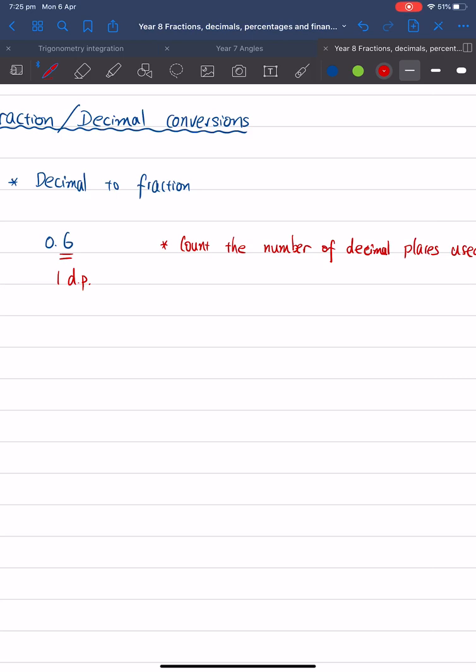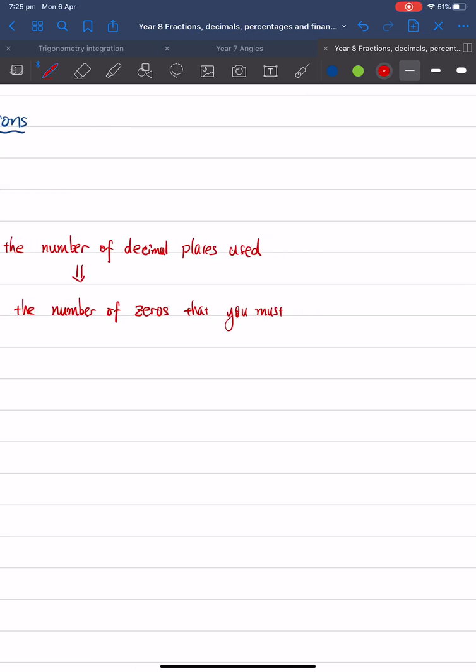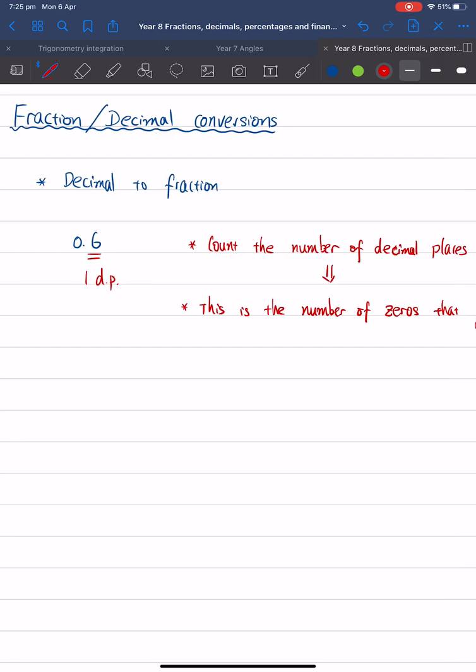After we finish that, this will tell you the number of zeros you must place in the denominator. So if I have the number 0.6, there's only one decimal place.